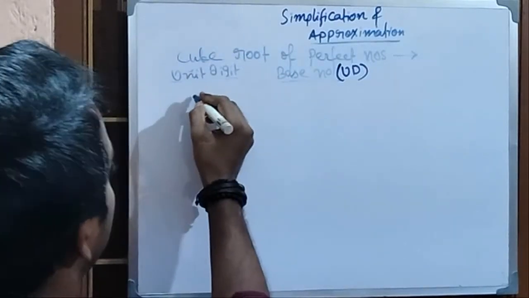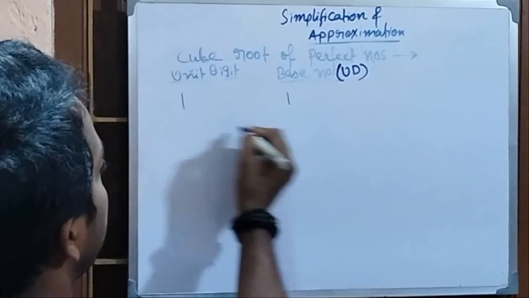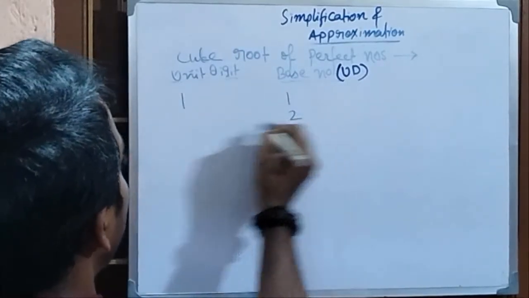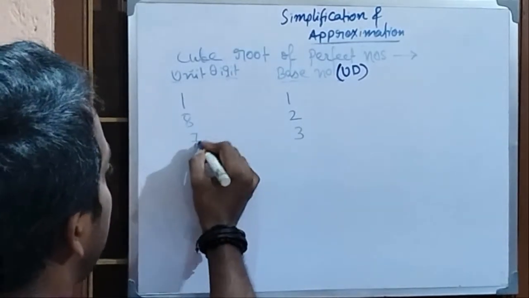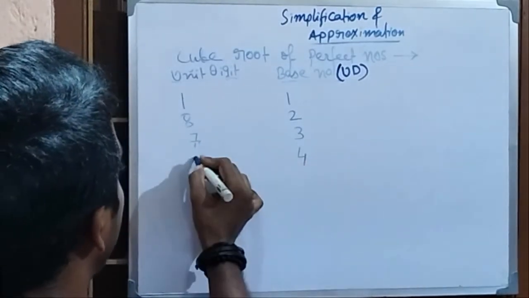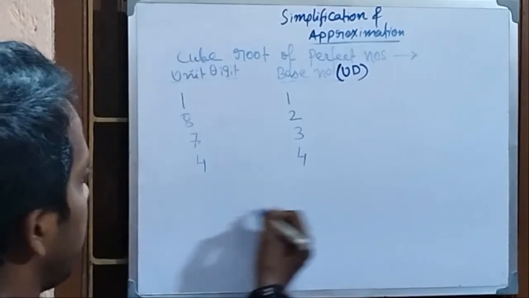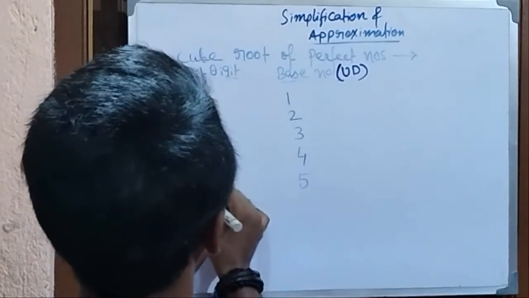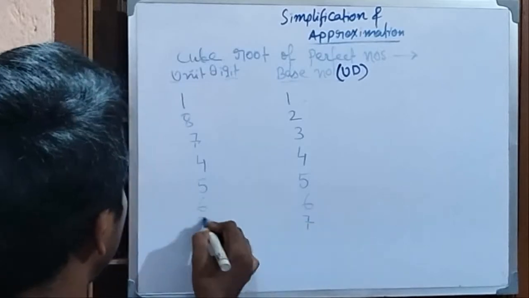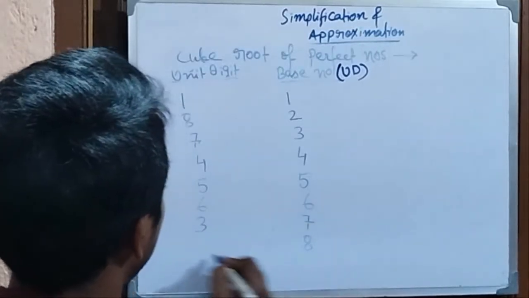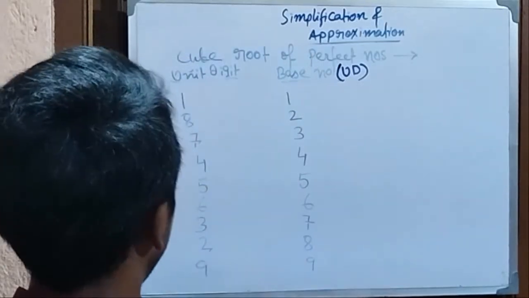If the base number is 1, the unit digit is 1. If the base number is 2, the unit digit is 8. If the base number is 3, the unit digit is 7. If the base number is 4, the unit digit is again 4. If the base number is 5, the unit digit is 5. Base number 6 gives 6, 7 gives 3, 8 gives 2, 9 gives 9.